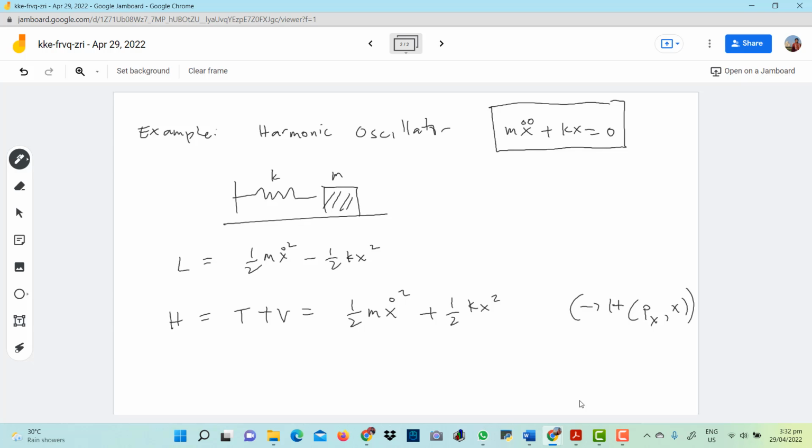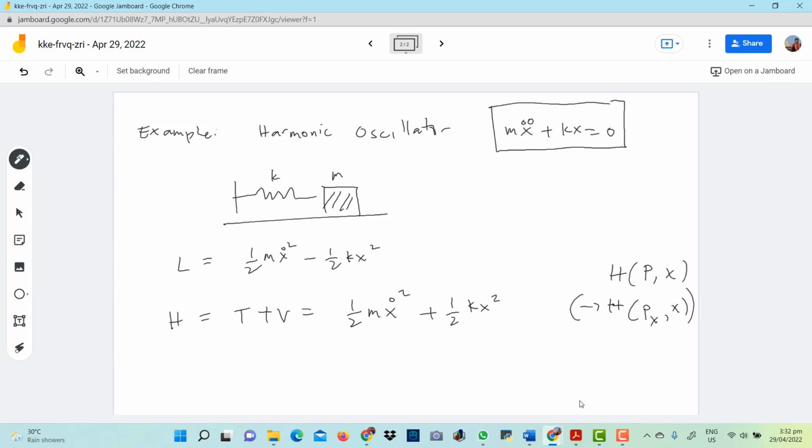I can just use p since there is no other variable. Later, in 3 dimensions, I will denote the momentum along x as px, then py, and then pz. In this case, it is one dimension only, so you can just let your momentum be p.